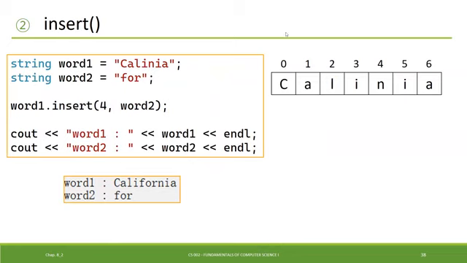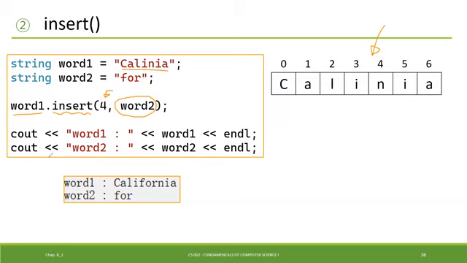Look at this one. I have CALINIA. This is the string. And I have a word 2, FOR. Now insert this word at this position of word 1.